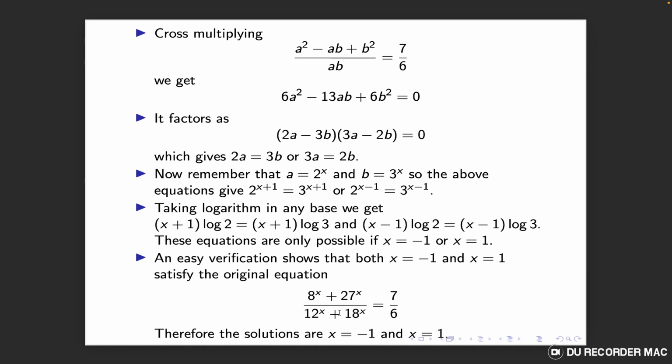So 35 over 30 is 7 over 6. It's also not difficult to check for x equals -1. You just need a pen and paper to plug in x equals -1 and see that the equation is valid. So the solutions of the original equation are x equals 1 and x equals -1.